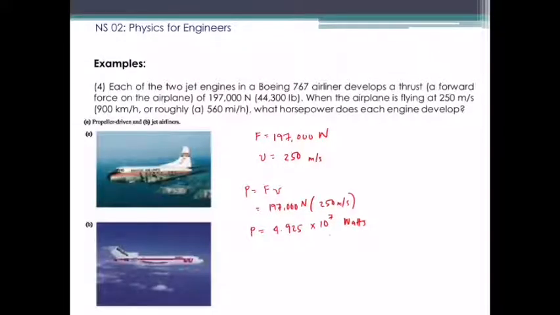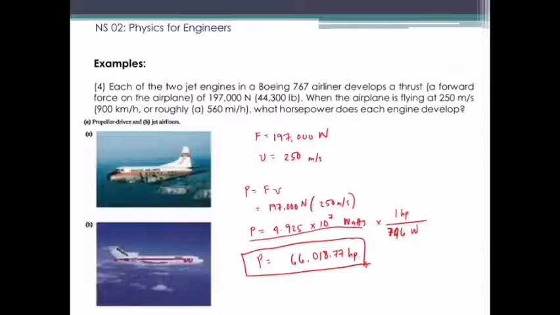So, in horsepower, convert this one. 746 watts in 1 horsepower. So power therefore is 66,018.77 horsepower. Okay, that is for both propeller driven and the jet airliner Boeing.